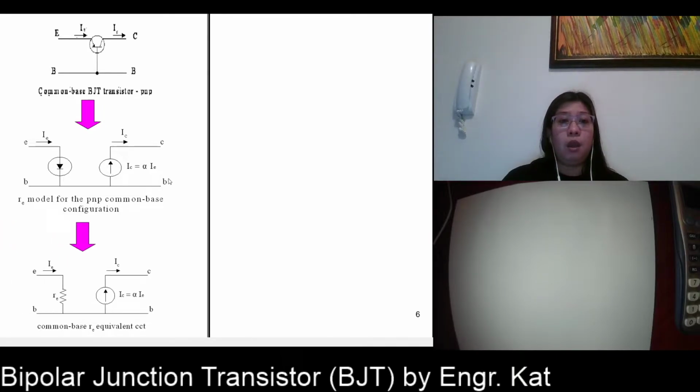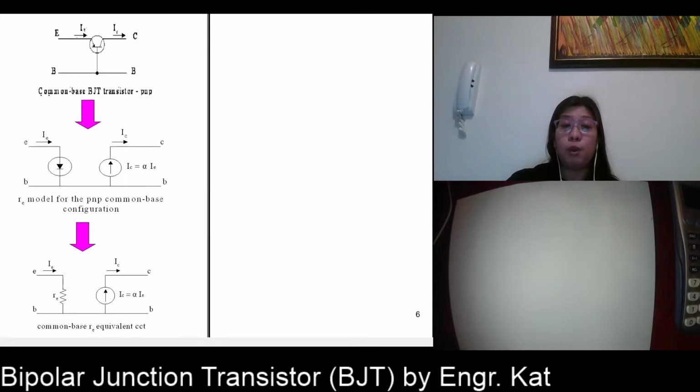Okay, so this diode here can be represented by a resistance re. So what is this specific re? As we all know from our prelims, your diode has an AC dynamic resistance. So the resistance across your diode is our re.